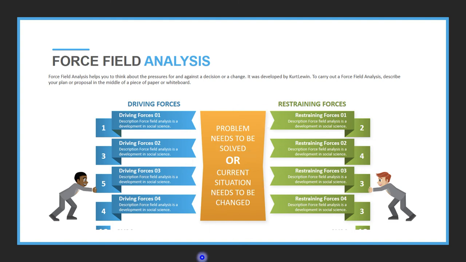Naintindihan? Okay? So kunwari, ang isang solution na nakikita natin to install and maintain new accounting system, so lagay mo yung driving forces mo. No? Lagay mo yung driving forces, lagay mo yung restraining forces.